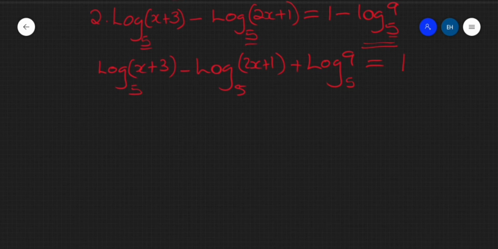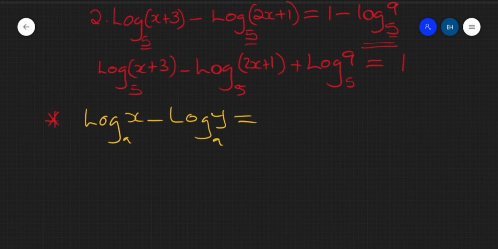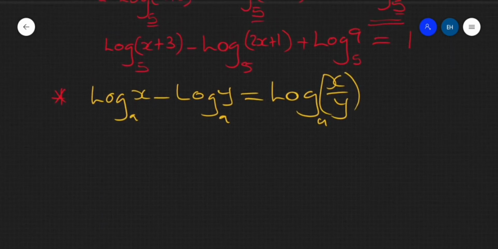Where we have law number 1 and law number 2. That is log x base a minus log y base a, it will be equal to log x over y base a. Okay, then for these two which are subtracting, we can use this law.